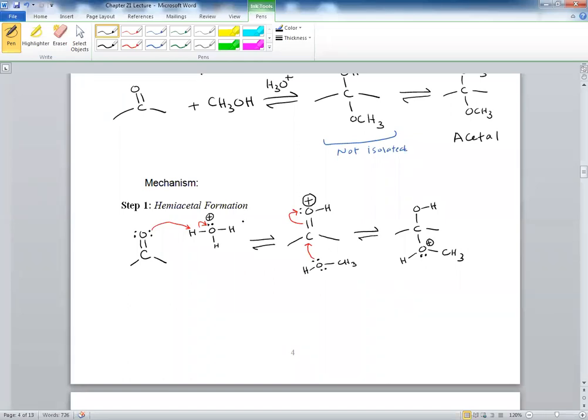The positive charge has to go away on that oxygen, so you would have to deprotonate. And that would be from another methanol molecule.